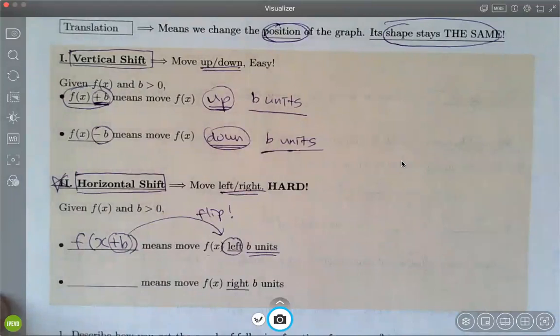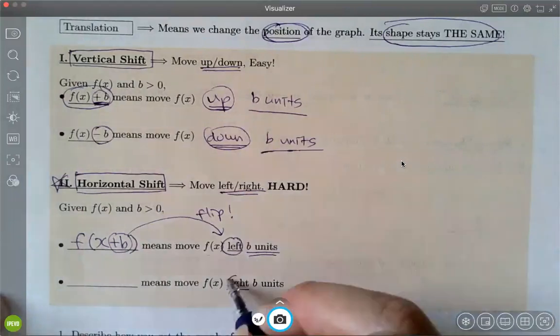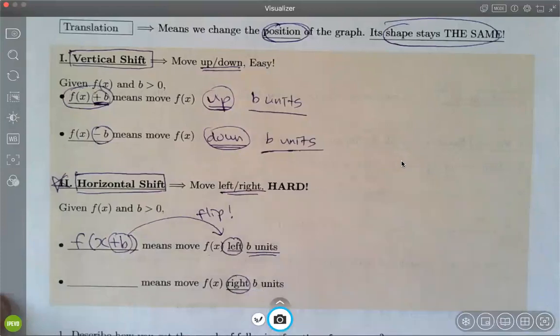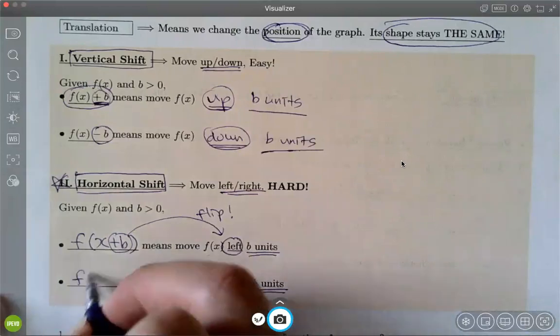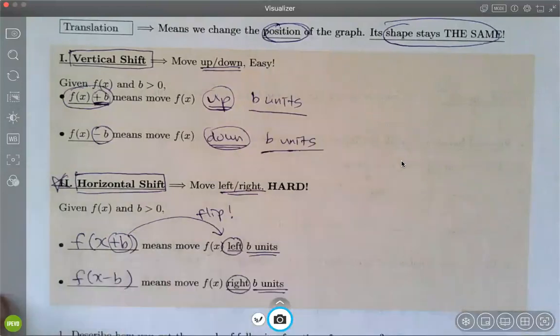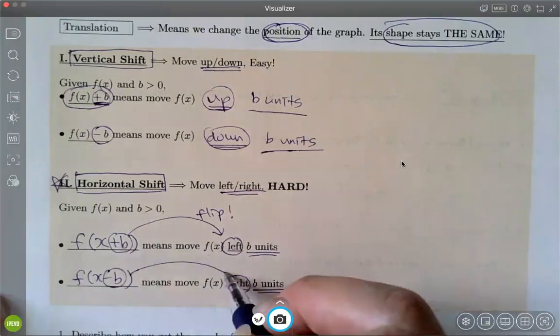So conversely, if we want to go right by the same units, what do we have to do? Subtract. And again, where do we subtract b? Within the parentheses, okay, behind x. So again, we think backward.